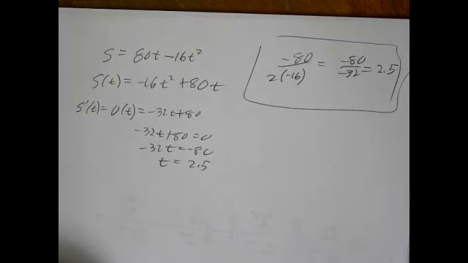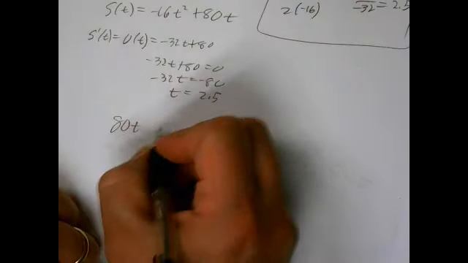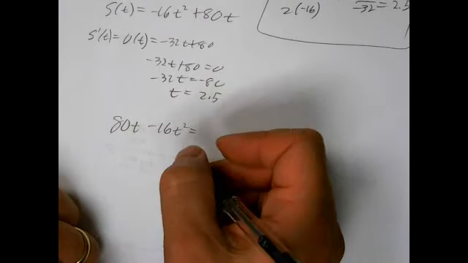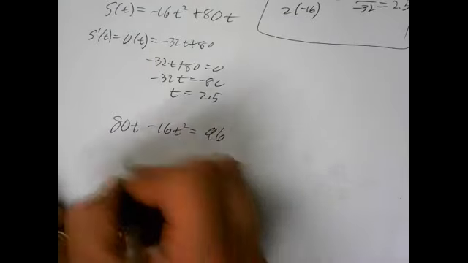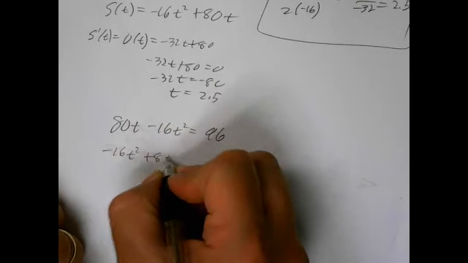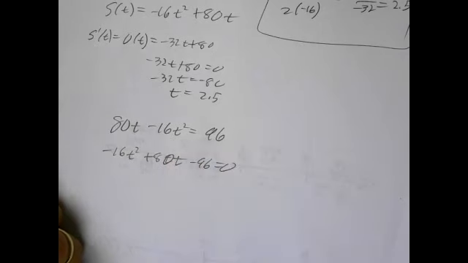Since we're talking about 96 feet of height, we're talking about position. So I would take the 80t minus 16t squared and set it equal to the 96. And I'll rearrange this to make it look a little bit better. 16t squared plus an 80t minus 96 equals 0. Just moving some things around.